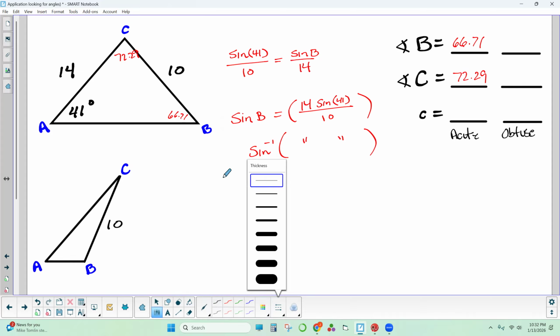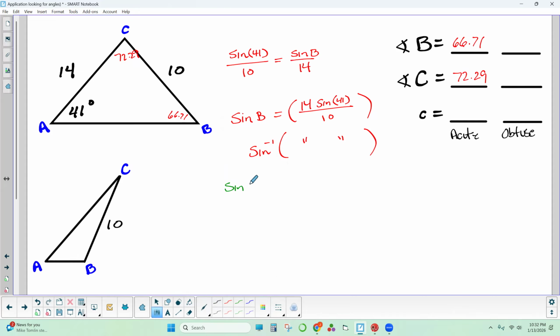So I'm going to start with sine of 41 degrees again over its opposite side, 10 equals, and this time I've got to use sine of C, which is sine 72.29 over side C. Now I'm going to isolate C, which is going to give me 10 times sine of 72.29 divided by sine of 41 degrees.